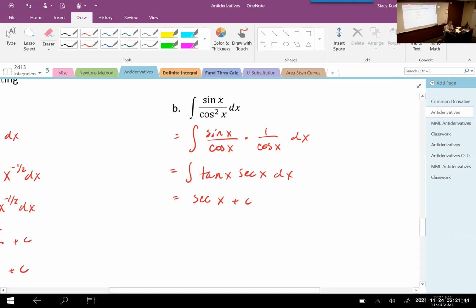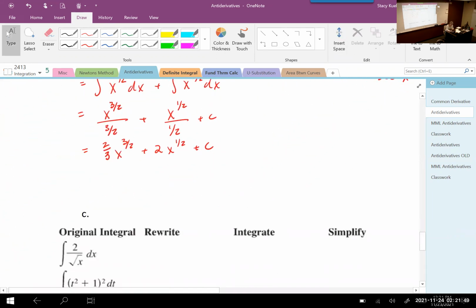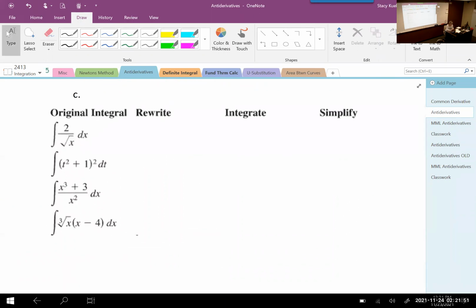All right. Let's look at a couple down here. Let's look at the second one. The integral of t squared plus 1 quantity squared dt. So we can't use the chain rule here either. We have to actually expand this, right?